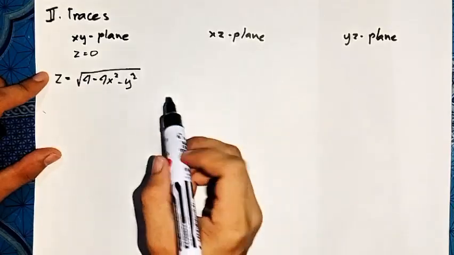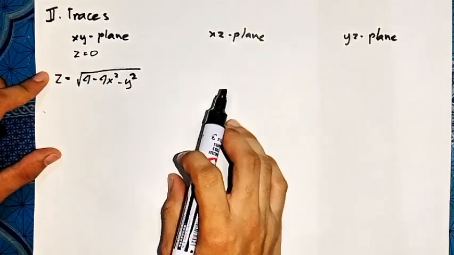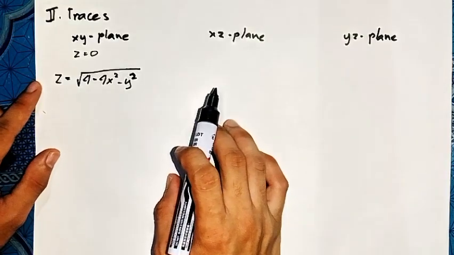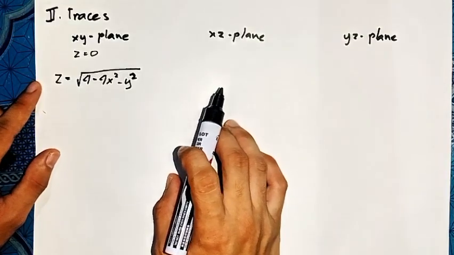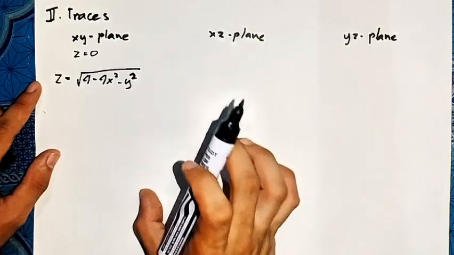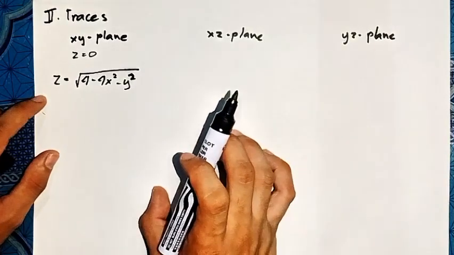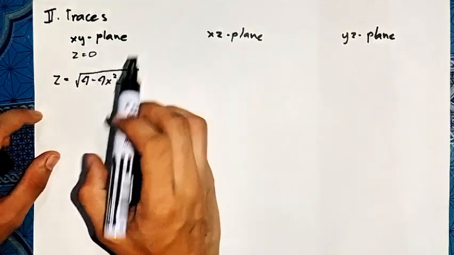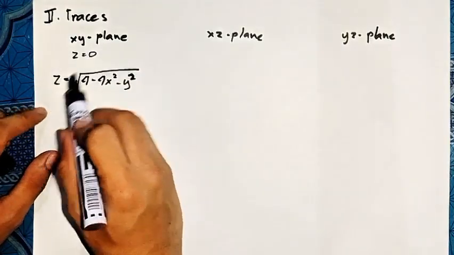The purpose of the traces is to enable us to figure out or to visualize what is the form of the graph. So in the xy plane, we let z is equal to 0.